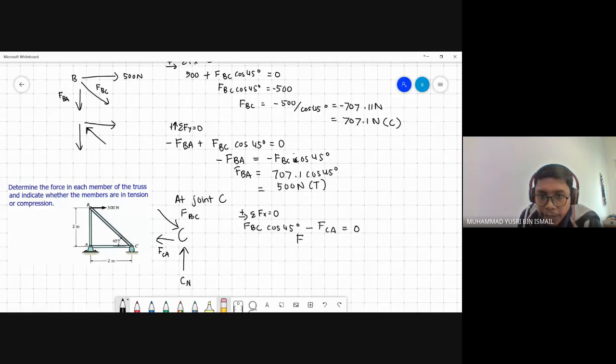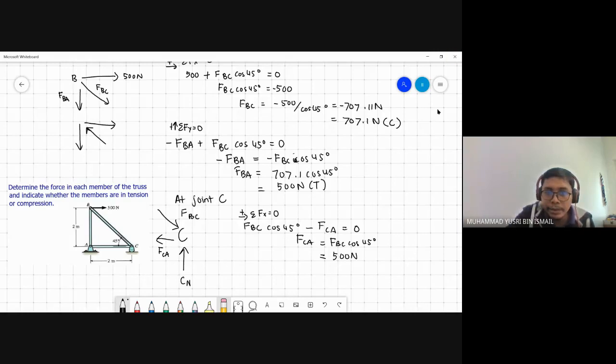So FCA is equal to FBC cos 45, which is equal to 707.1 cos 45. 500 Newton. Okay, we already have FCA.